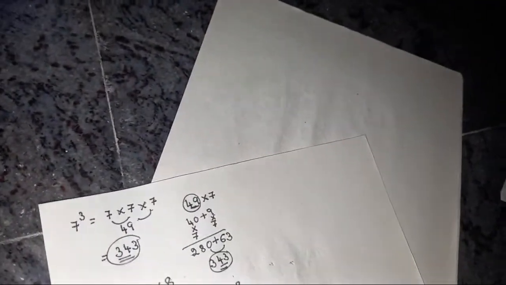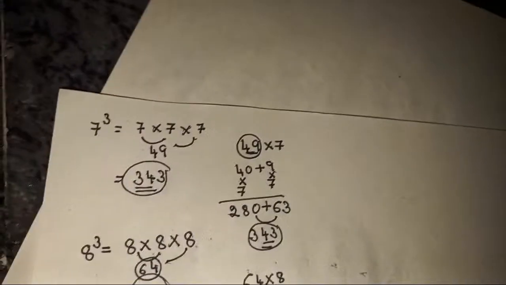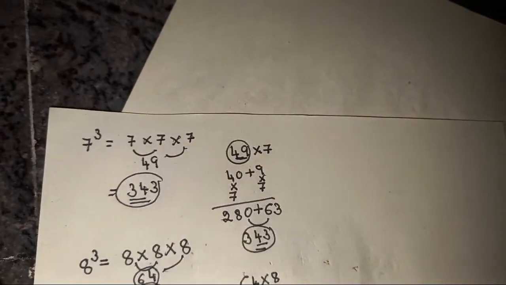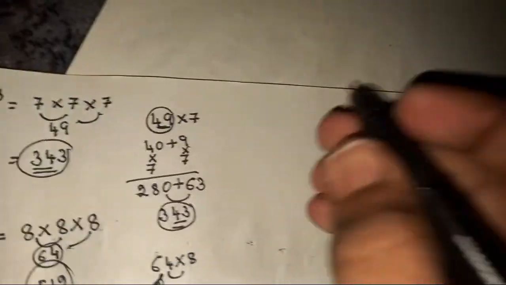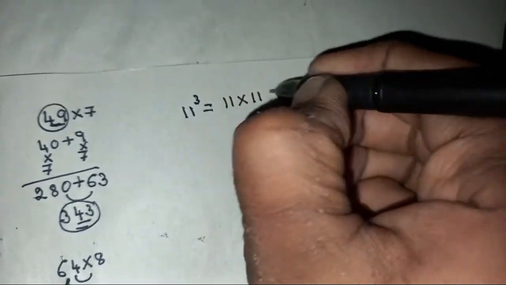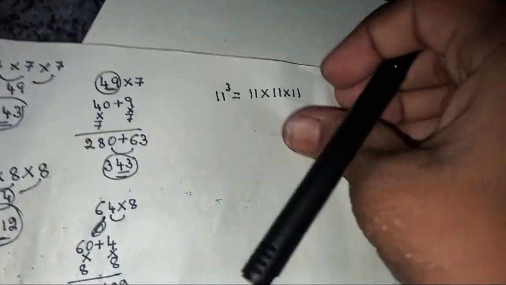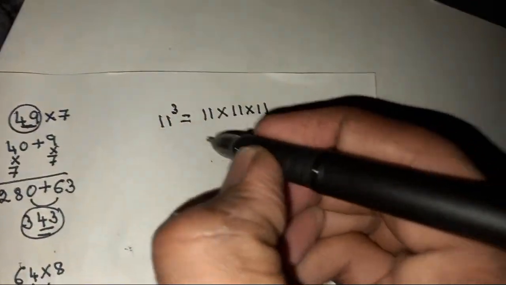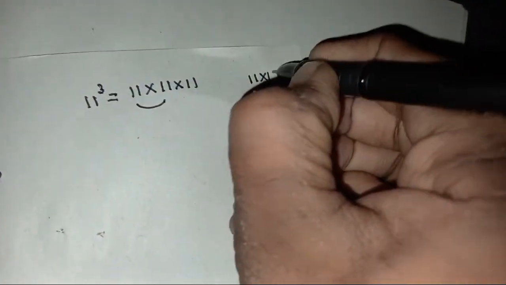Now I'll do one more problem that's going to become 11 cube. 11 cube means 11 times 11 times 11. 11 times 11 can be written like this.